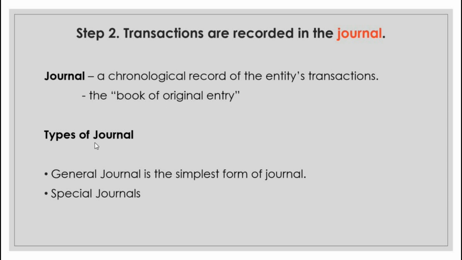And it has 2 types. Merong 2 types of journal. One is general journal, which is the simplest form of journal. And ito yung ating i-discuss, no, in this particular lesson. So we'll focus muna sa general journal.